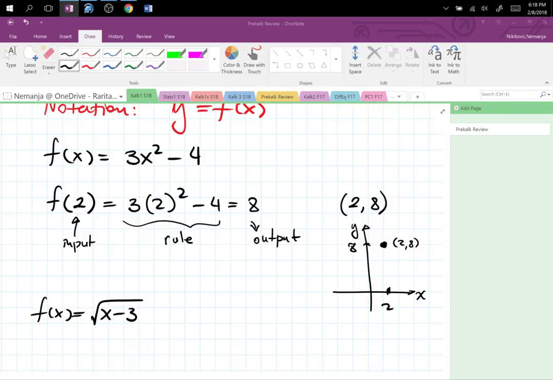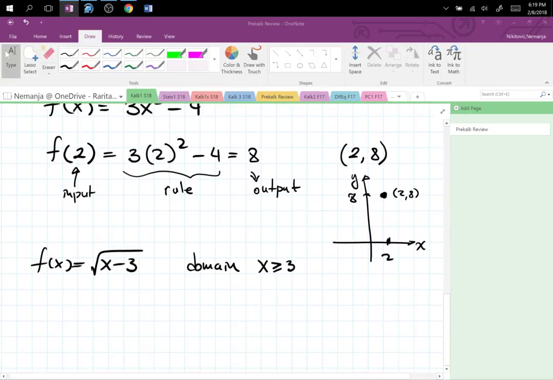For the domain, you are only allowed to pick x's that are bigger or equal than 3. Because if you pick anything less, you are not going to get the real number. Because we know that the square root of a negative number is not real. It's going to be imaginary, right?